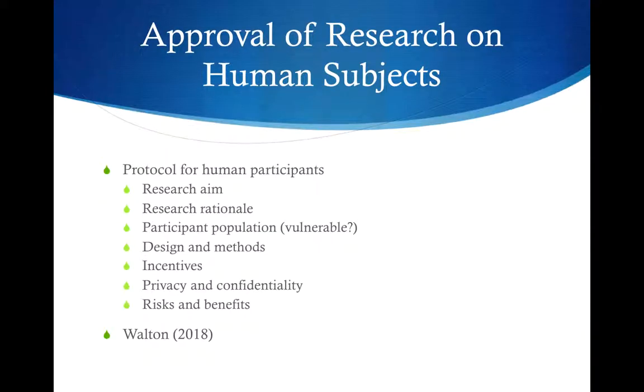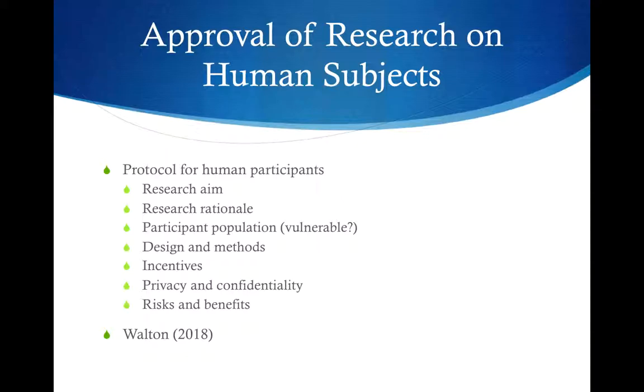All right, so the protocol for using human participants in your research studies. The first thing they're going to look at is what is the aim of your research? What are you looking to figure out, what's your hypothesis, and why? That's the research rationale. Why do you think this is an important thing to figure out for the betterment of humanity, or at least of that population?